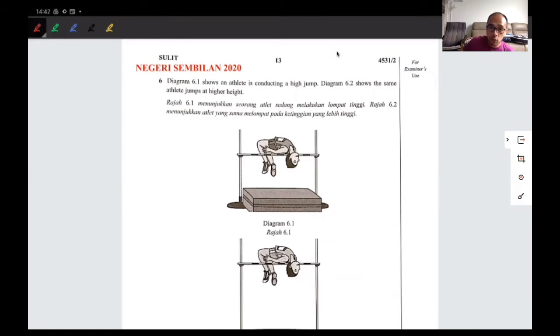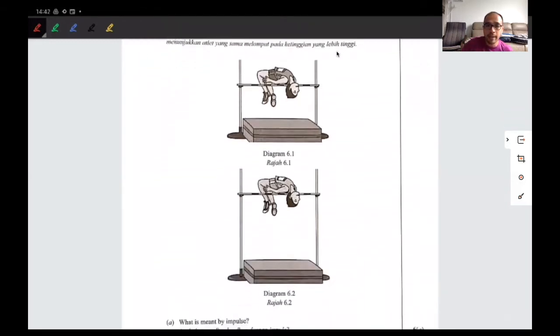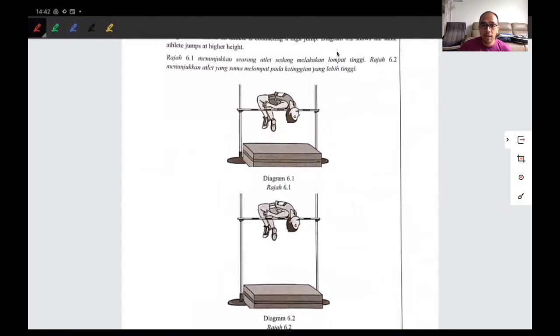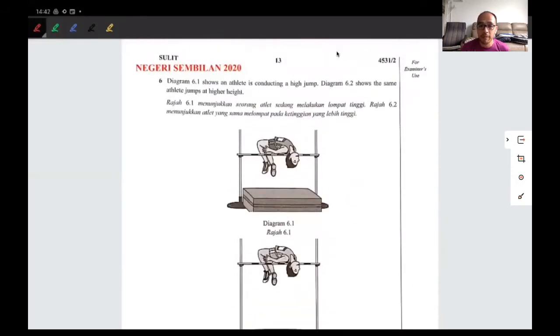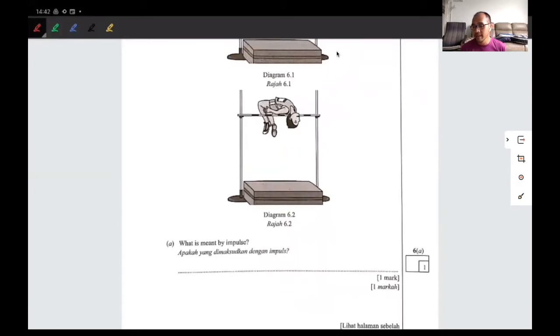Diagram 6.2 shows the same athlete jumping at a higher height. 6.1 is more realistic. Look at 6.2, come on. 6.2 is so unrealistic. I don't know anybody that jumps that high. But anyway, the diagram is just meant to help us, not to show the real deal.